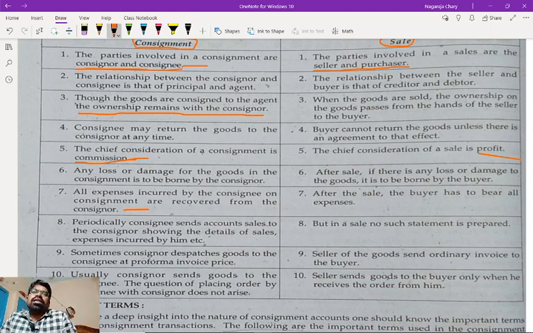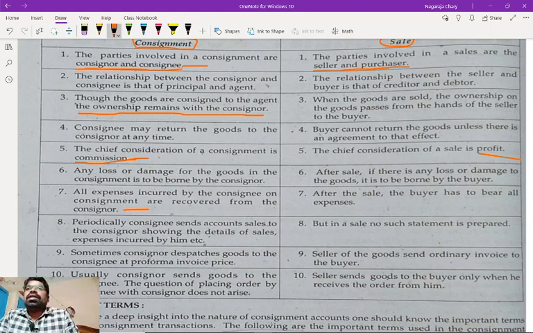Whenever you see sales, after the sale, the buyer has to bear all expenses. Why? Because he is going to buy the goods, so that's why he has to bear them.